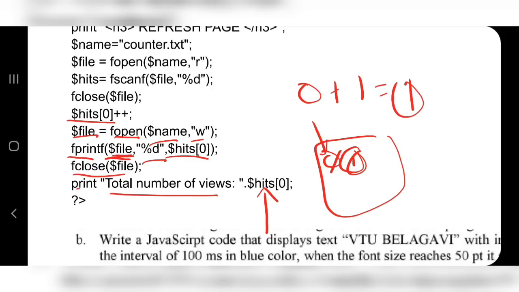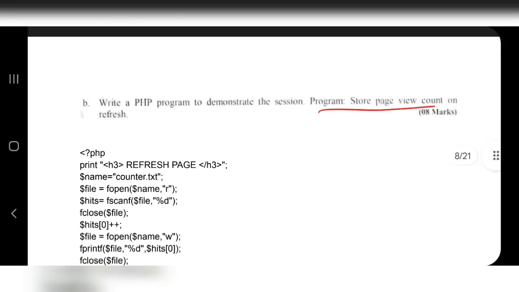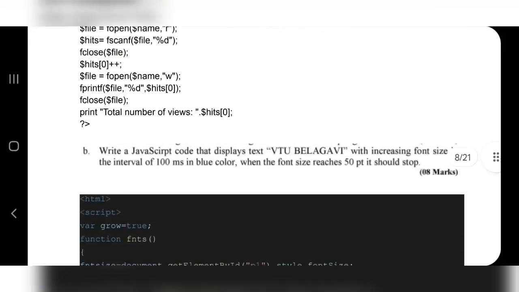Again if you run this code, open the file, the hits of 0 is 1, that is taken and incremented, it becomes 2, the file is opened in write mode and 2 is written and displayed. So that's the session. It stores the page view count on refresh. As many times as you run this code, that many increments will happen, showing how many times you have viewed the page. Fine, that's the second important program.